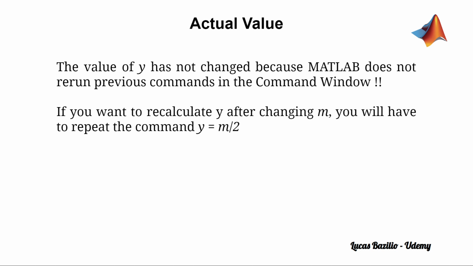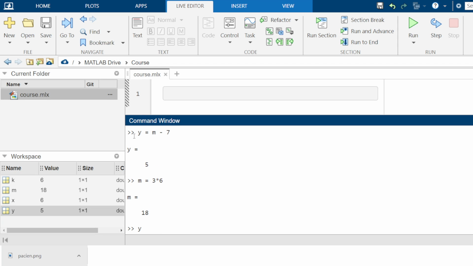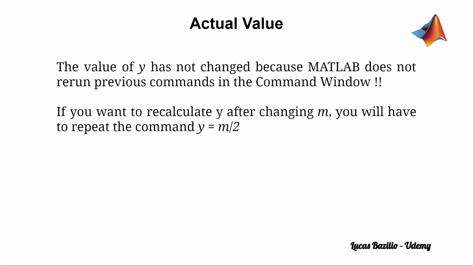Let this command be y equals m divided by 2, or any other command, like m minus 7. So we have to rewrite the command, y equals m divided by 2, or just minus 7. So now y has the value of 11. Very, very important: in MATLAB, we never rerun previous commands. We just run the commands that we are entering at that moment.